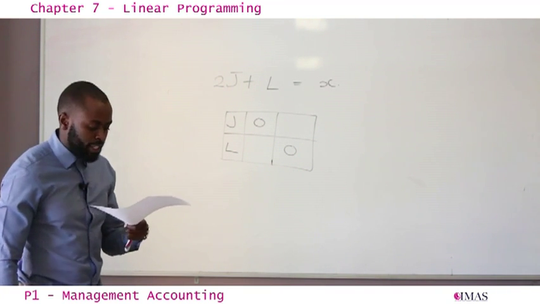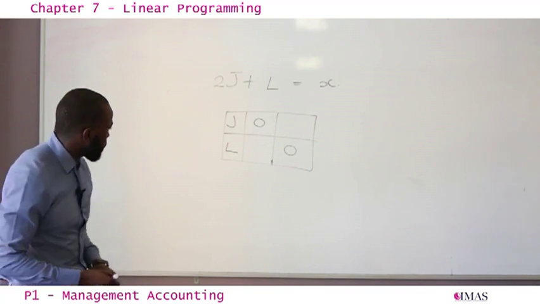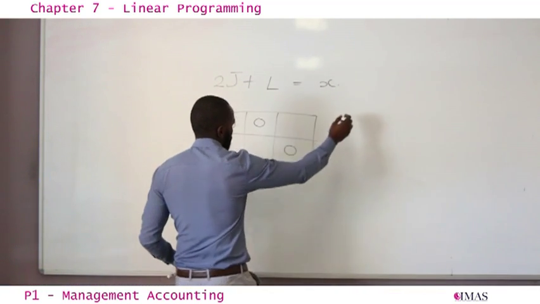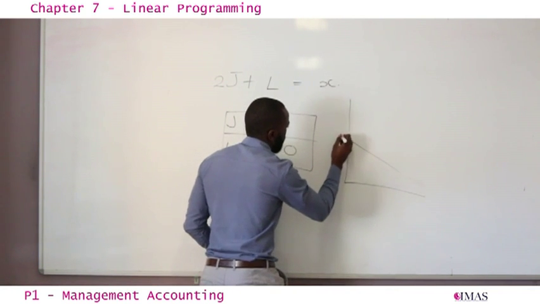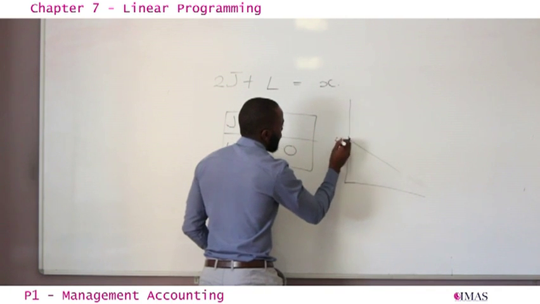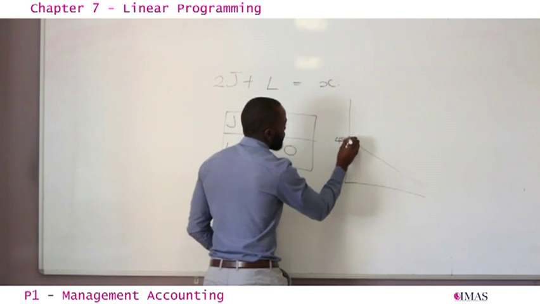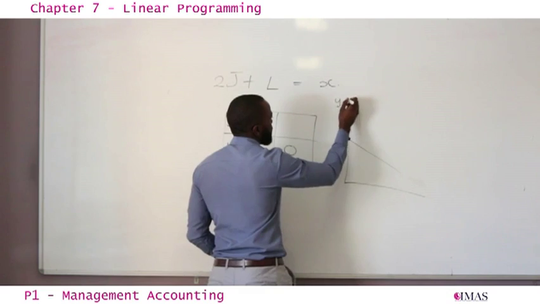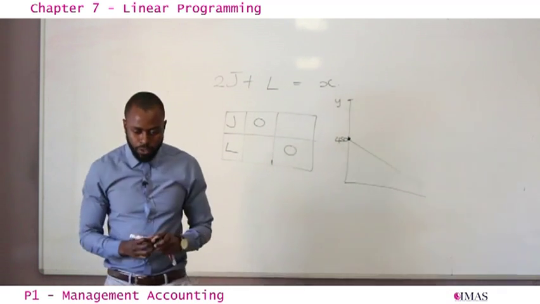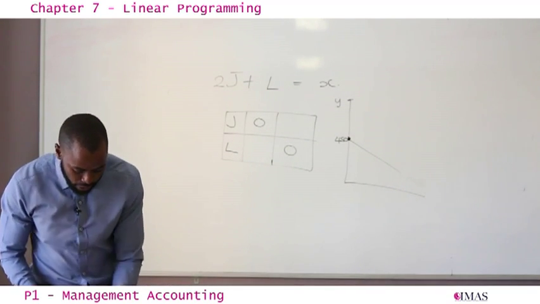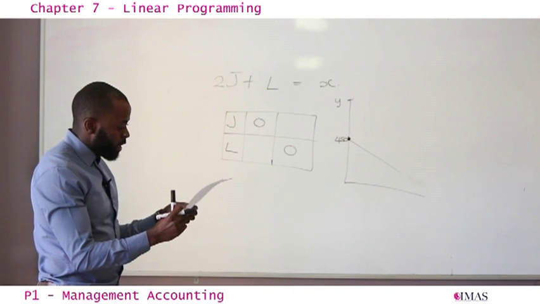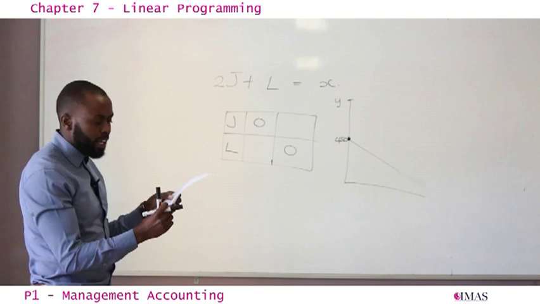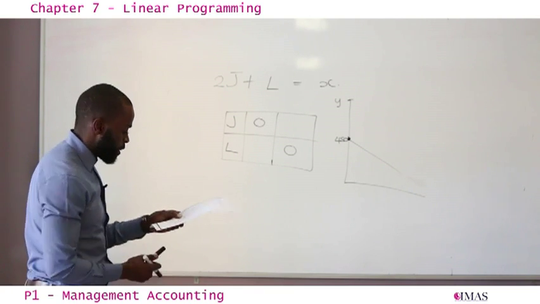Now we can tell with certainty that material A is intercepting the y-axis at 450. We can tell with certainty from the graph. You look at your material A, look at where it's cutting the y-axis, at 450.